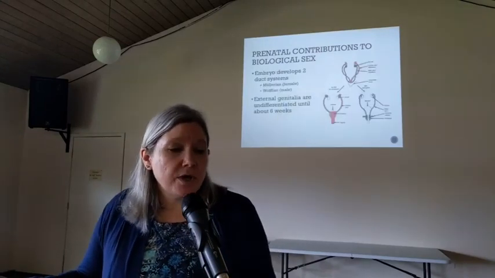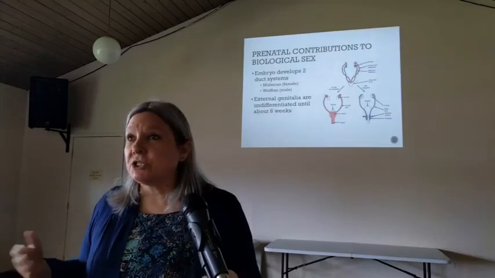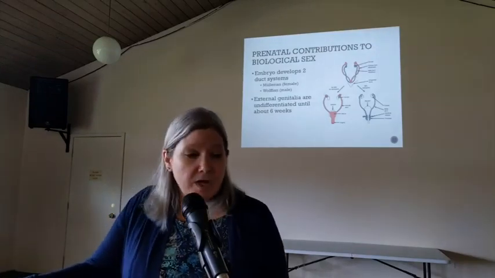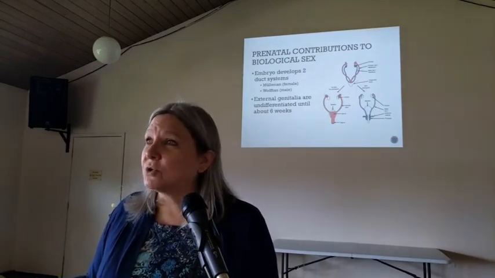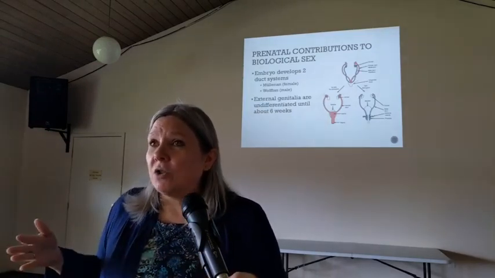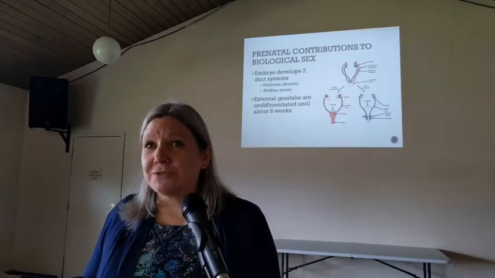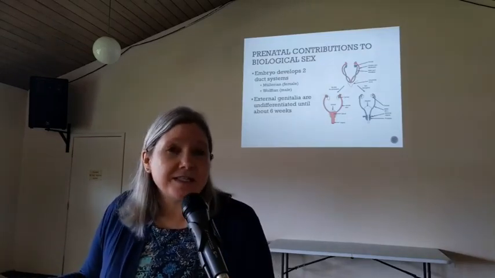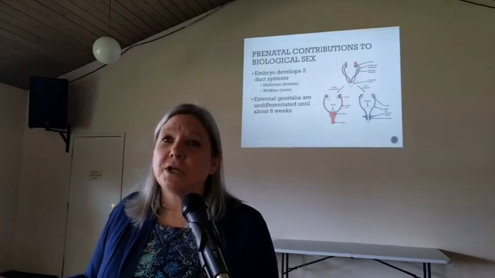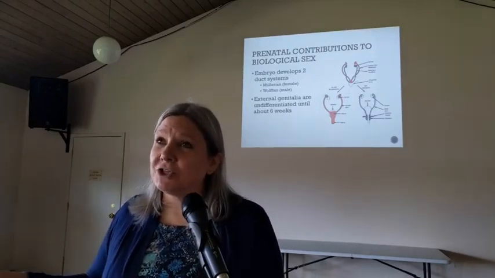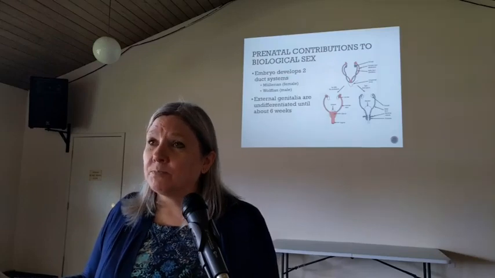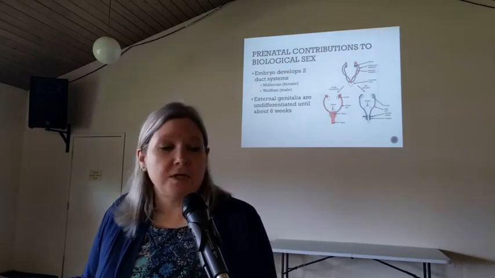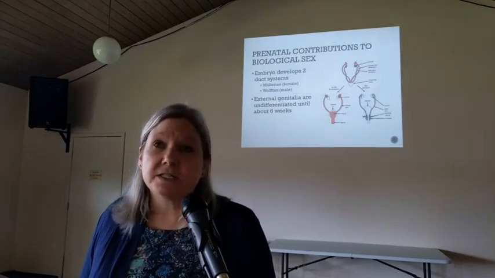So an embryo, once they inherit the genes and they begin to develop prenatally, they develop two sets of ductwork systems. All embryos have the same. There's one that's the Mullerian system, which eventually develops into the default kind of female internal systems. And one is the Wolffian system.